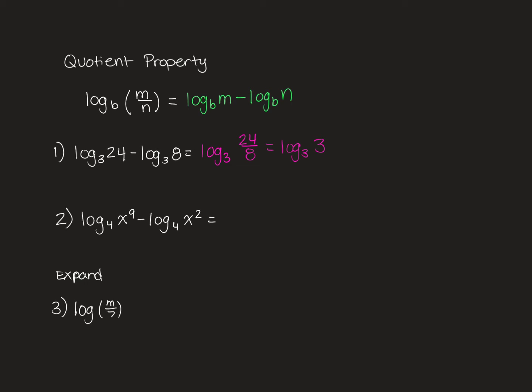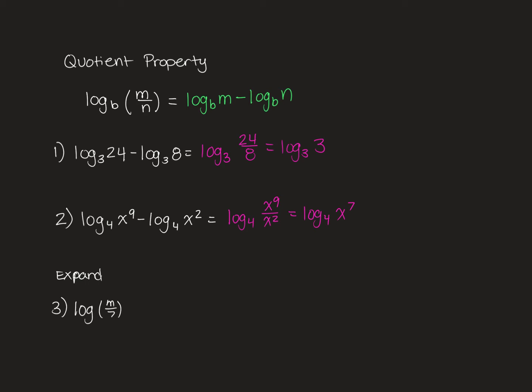Same thing with number 2. We have log base 4 of x to the 9th minus log base 4 of x squared. Condense it into 1. So we have x to the 9th divided by x squared. Again, you can simplify that. X to the 9th divided by x squared is x to the 7th.